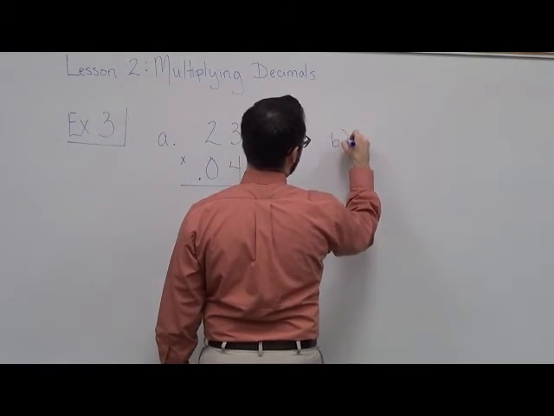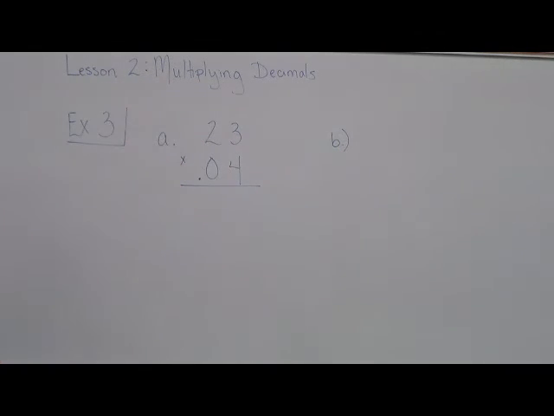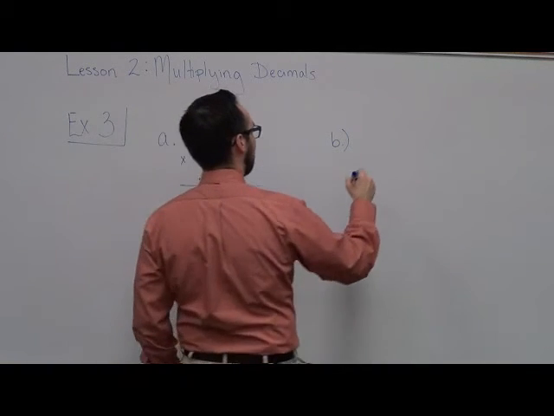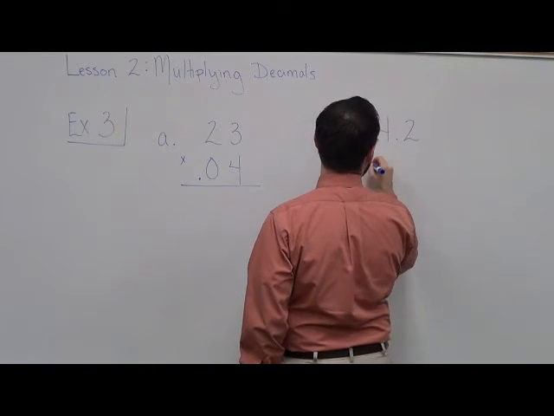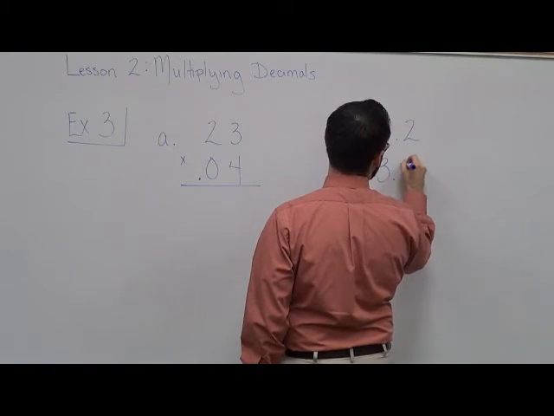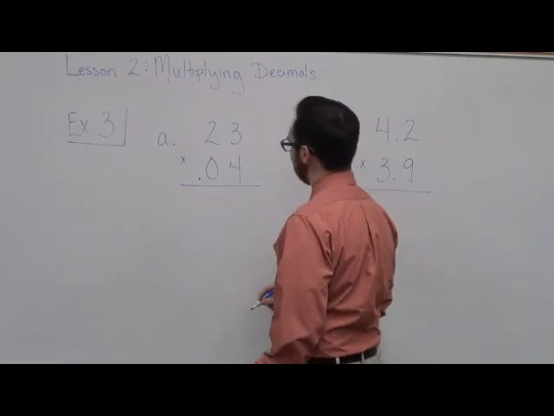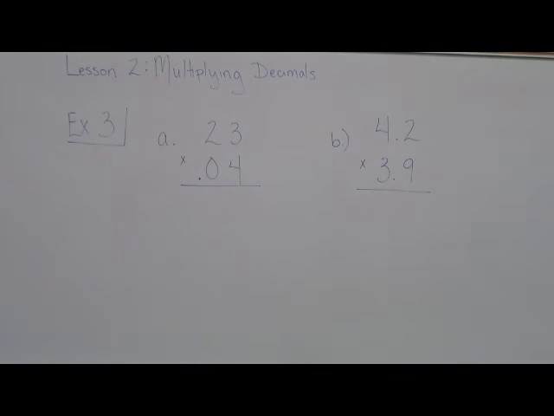And then letter B is 4.2 times 3.9. So again, take a few minutes, try to figure those out, and then I'll put that work up on the board for you.